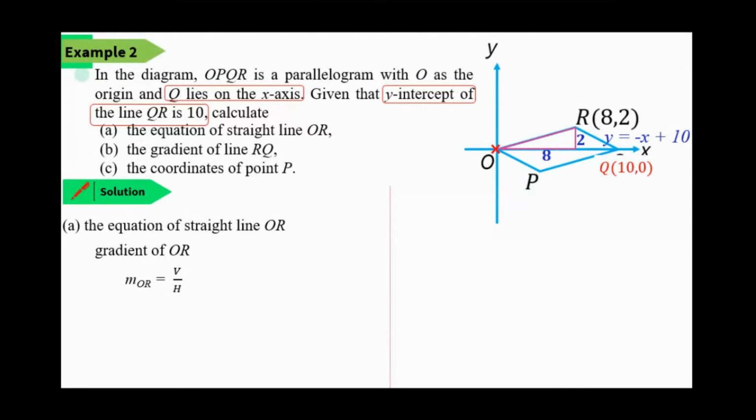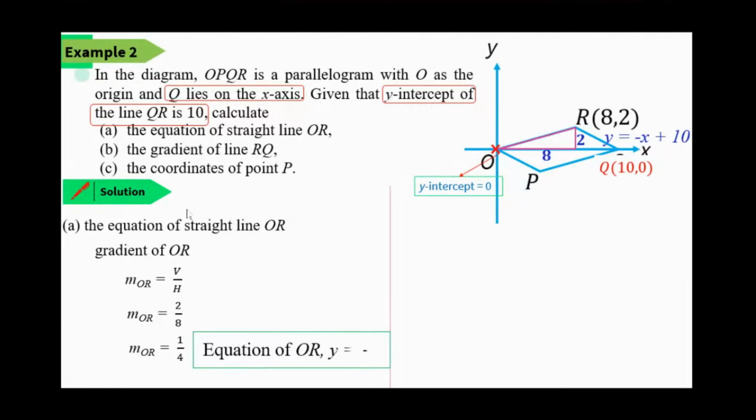From gradient, m equal to v over h, substitute them into the equation. Then we can get m equal to 2 over 8 equal to 1 over 4. Next, find the y-intercept. From the diagram, the y-intercept is 0. Okay, therefore, the equation of OR is y equal to 1 over 4x.